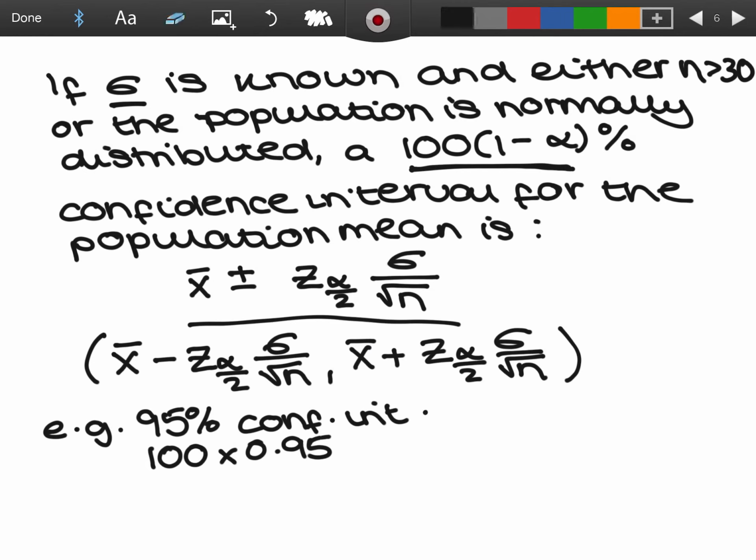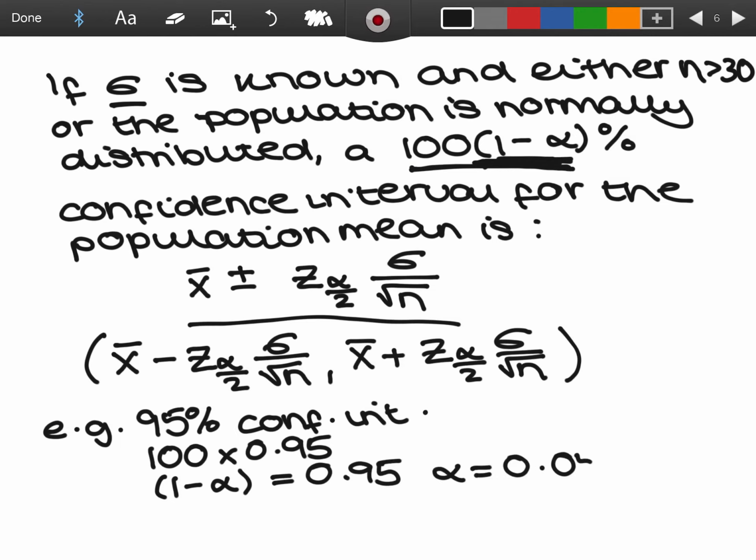Okay. So this value here, there is an easier way to do this, so bear with me, but I'll show you what it's actually trying to tell you. This thing here would be 0.95. So 1 minus alpha would be 0.95. That must mean that alpha is 0.05.